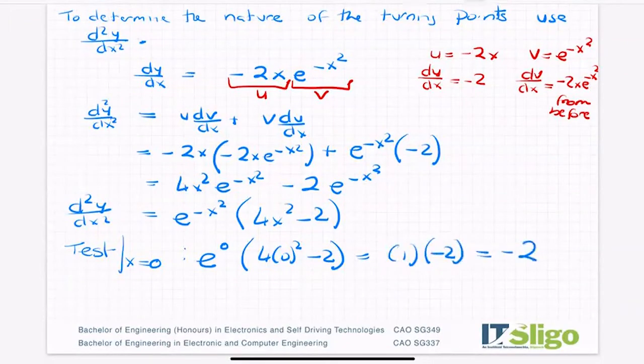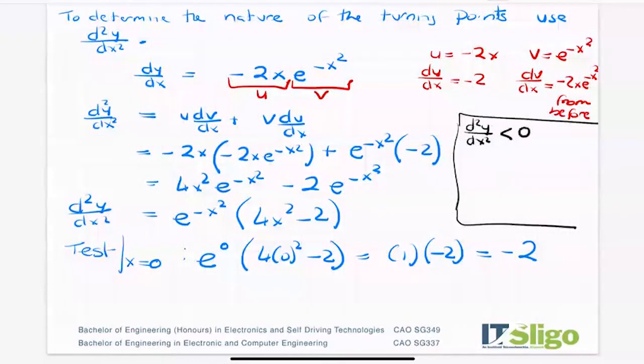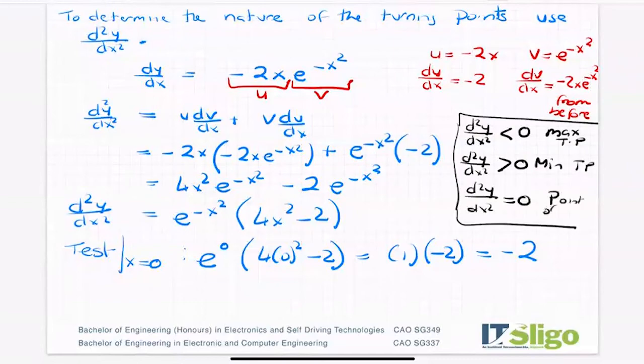Okay, now the value doesn't matter, but the sign does, because the theory behind the nature of turning points is as such. So this you have to remember, and I'm going to write it up here in a box. d2y dx squared is less than 0 for a max turning point. d2y dx squared is greater than 0 for a min turning point. d2y dx squared is equal to 0 for what's called a point of inflection, or a POI.